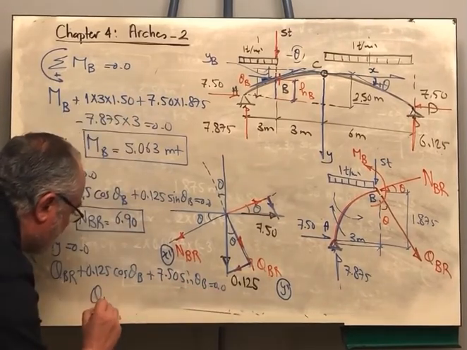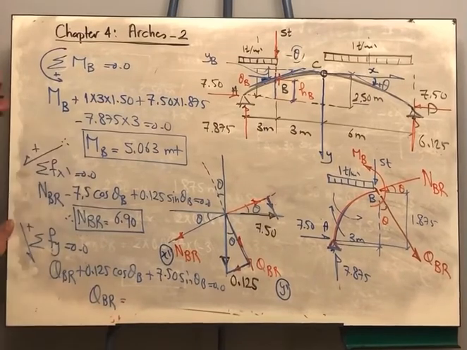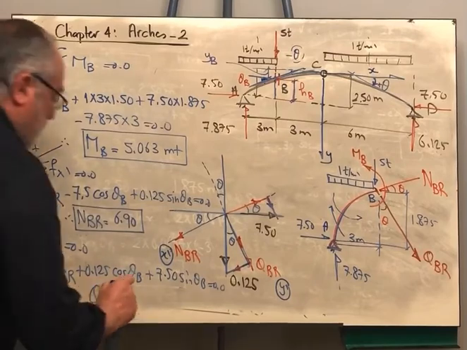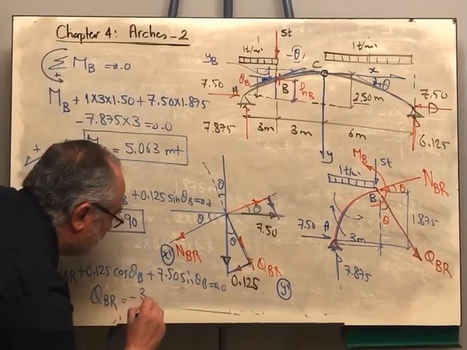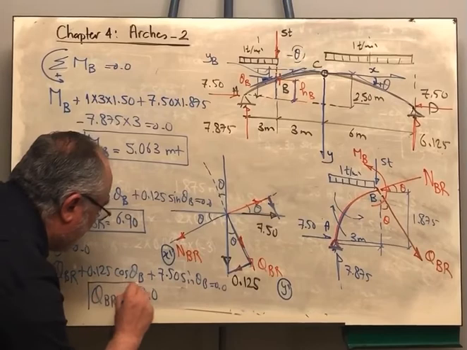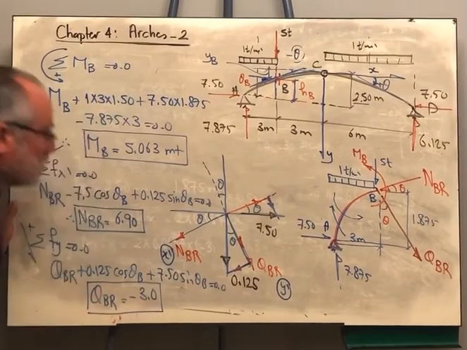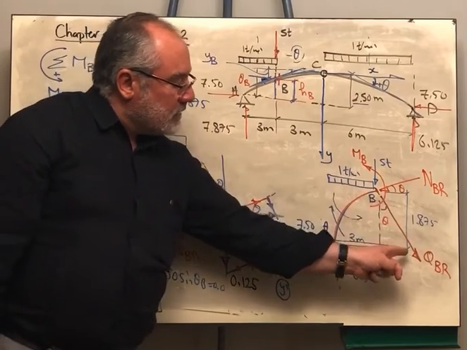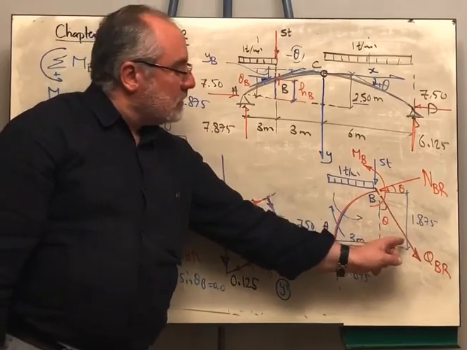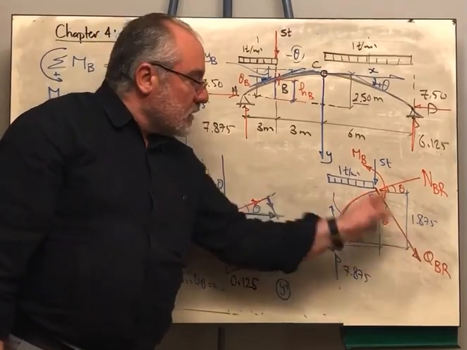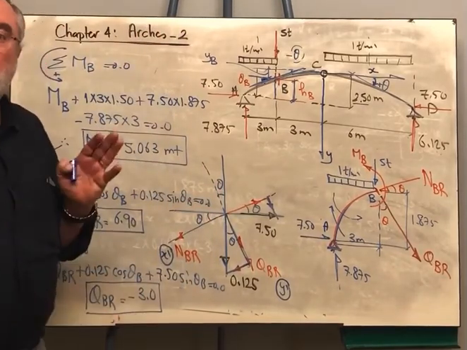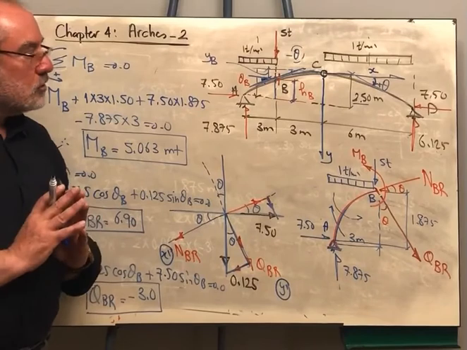From there we get the value of QB, and if you calculated that, it will be negative 3 tons. Negative 3 ton, it means that it is not a positive shear. The positive shear is on my right hand side and downward, but when we calculated that, it is on my right hand side and upward, therefore it is a positive shear. So this is a complete answer for the problem.